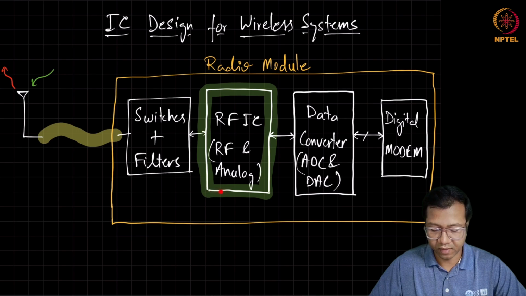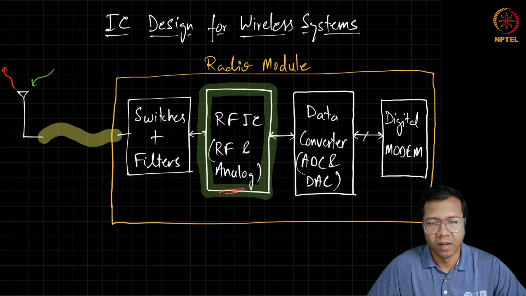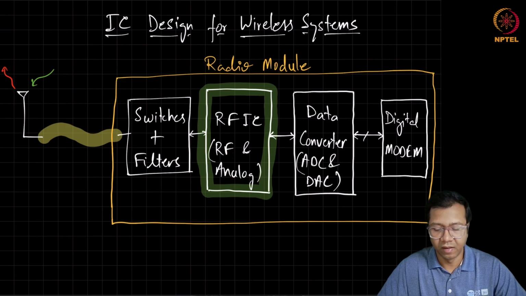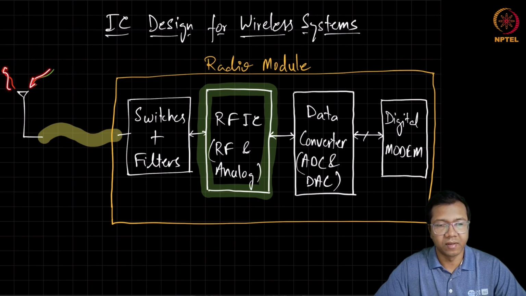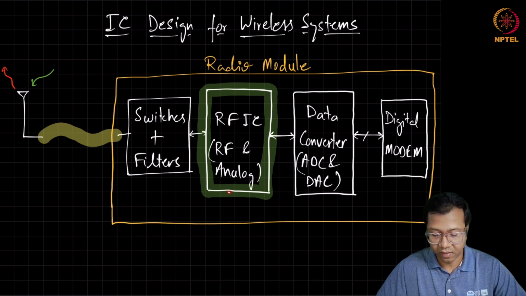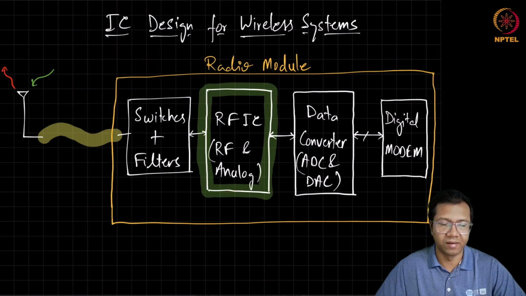So in this course, we'll focus on how to design this RFIC, which has mainly RF and analog blocks. We'll see that in a wireless system, mainly we will be generating and transmitting these radio waves at high frequency for practical reasons. So the frequency will be of the order of gigahertz, and as a result, the RFIC needs to also handle these high frequency electrical signals.